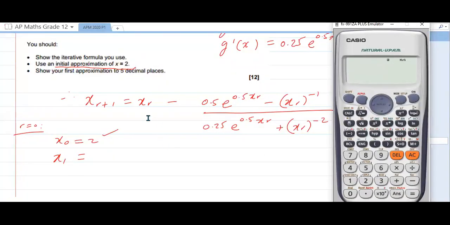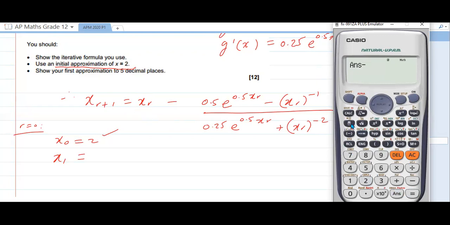What I suggest for Newton's method is, if they give you a starting value, just type 2 and press equals. Now instead of x r, just use Answer.